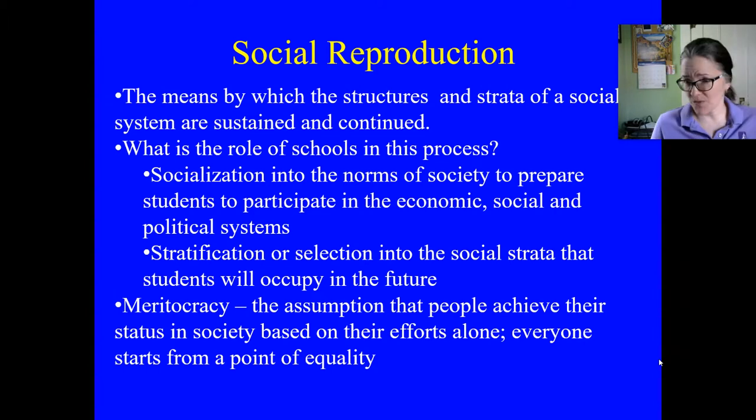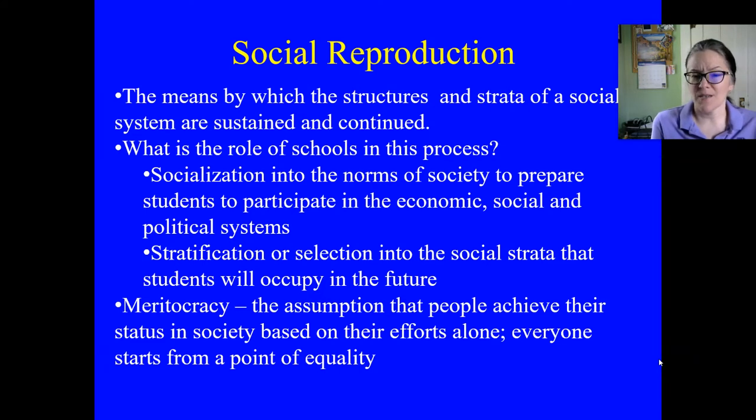And so we're interested in schooling, so we ask what's the role of schools in this process. Well, the schools socialize people by the norms of society to prepare them to participate in the economic, social, and political systems that we have. And then they also stratify or select people for certain social strata.